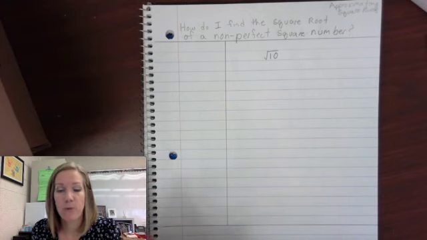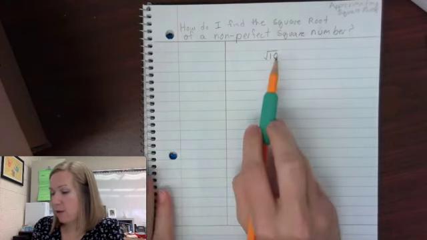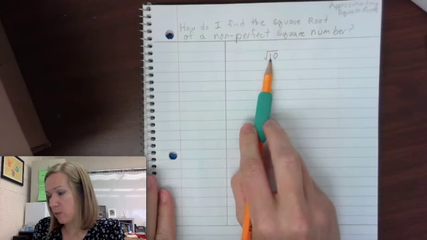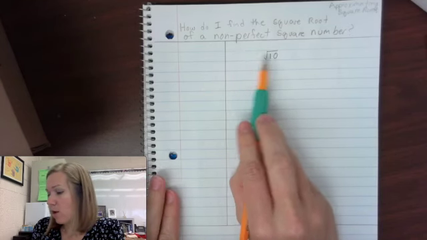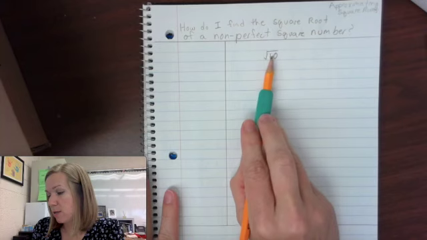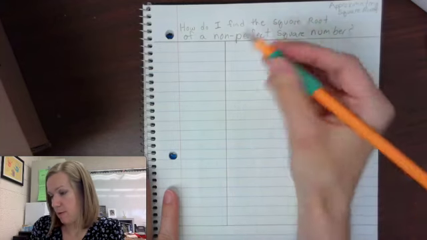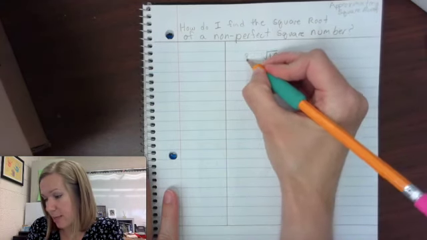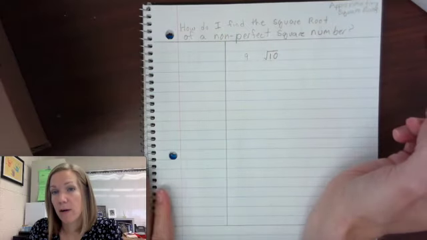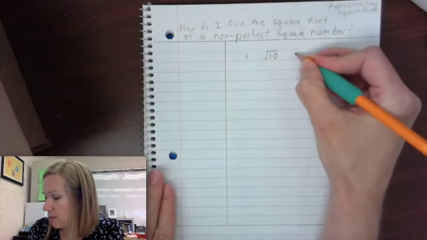Now, the best way to do this is write the perfect squares on either side of the problem. So if this is our problem, the square root of 10, we know the perfect square just under 10 is 9, and the perfect square bigger than 10 is 16.